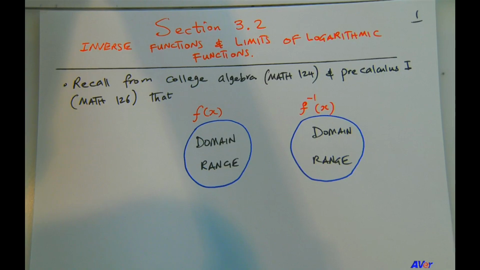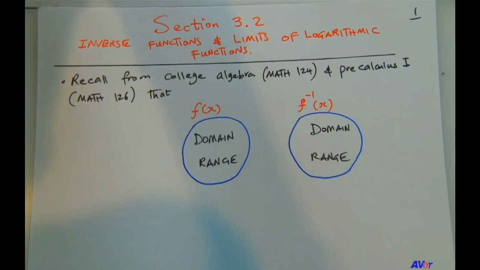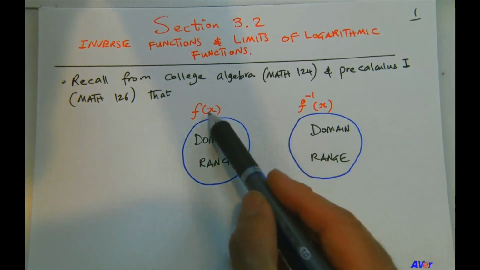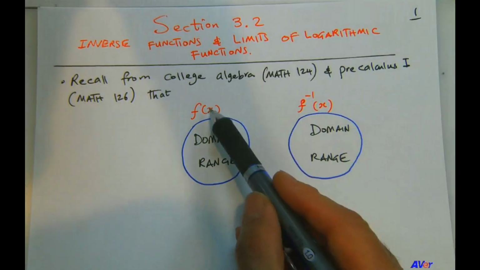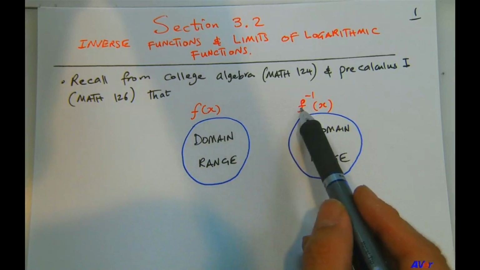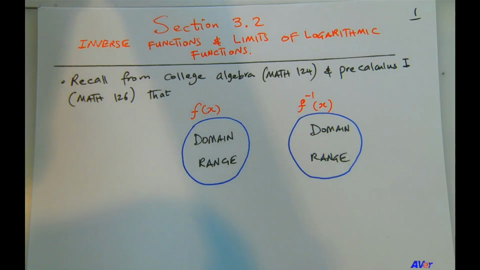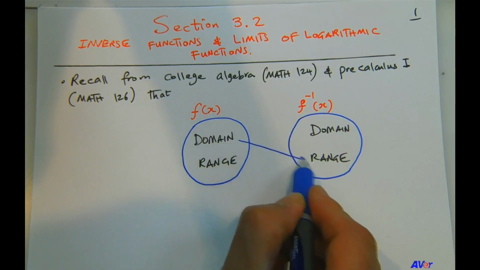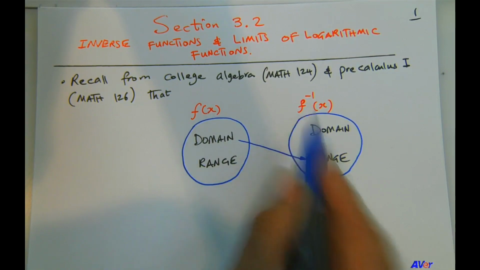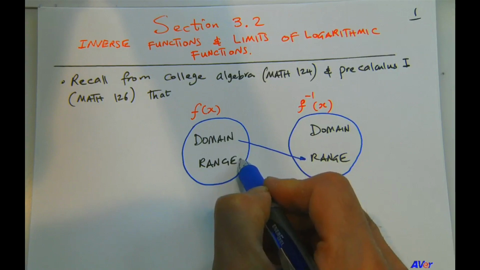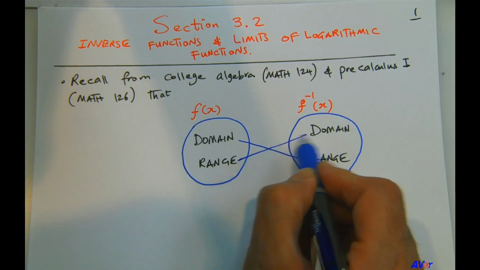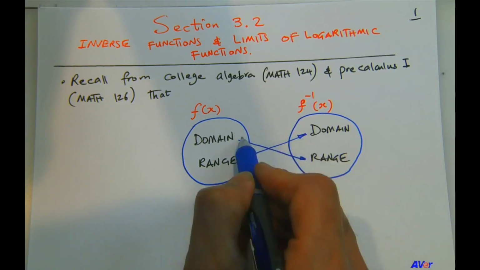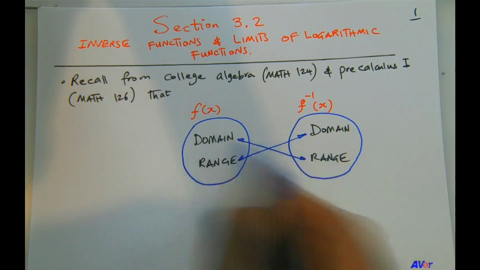You recall from college algebra and pre-calculus that the relationship between a function and its inverse is such that the domain of the original function becomes the range of the inverse function, and the range of the original function becomes the domain of the inverse function, and vice versa, of course.